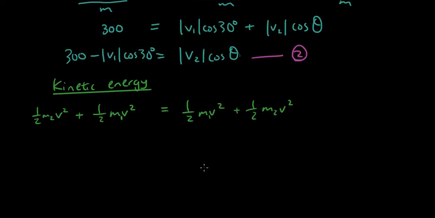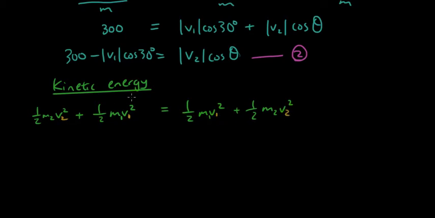Alright, so well, initially, because v2 is 0, actually we've got to put v1 and v2 as well.